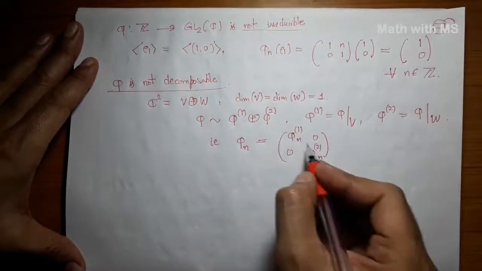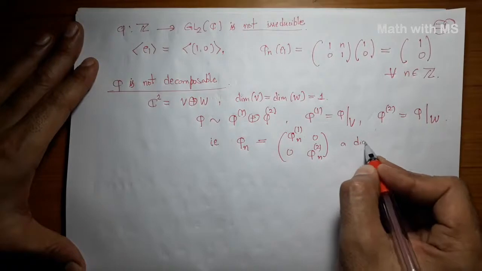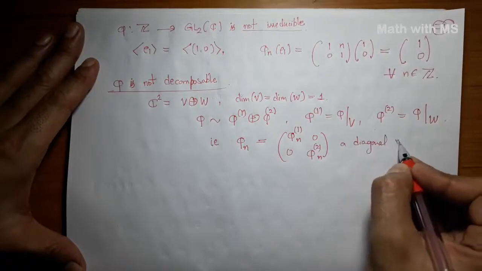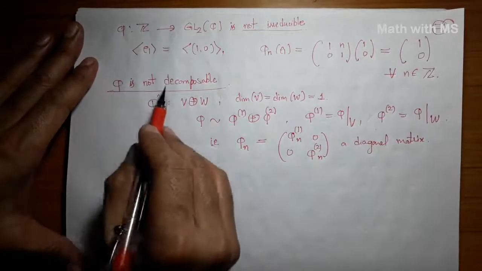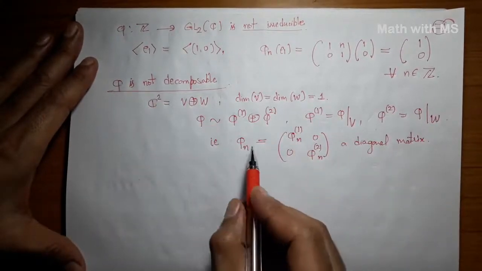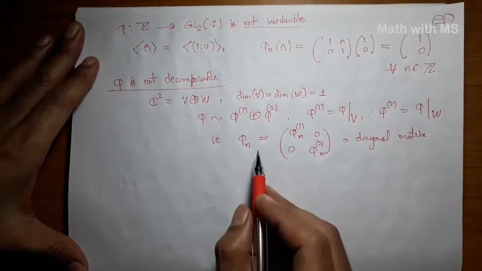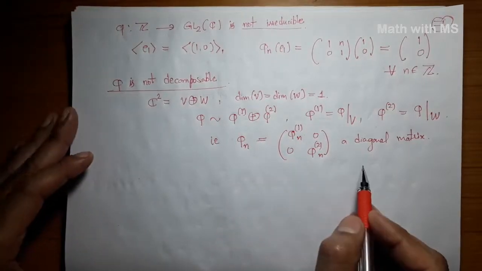So this is a diagonal matrix. So if phi were decomposable, then for each integer n, phi of n would be represented by a diagonal matrix.